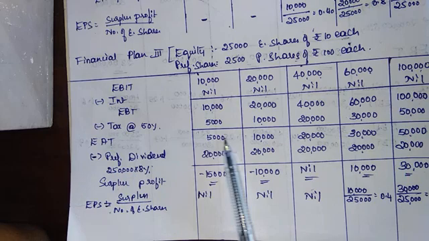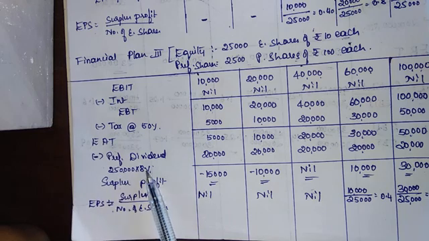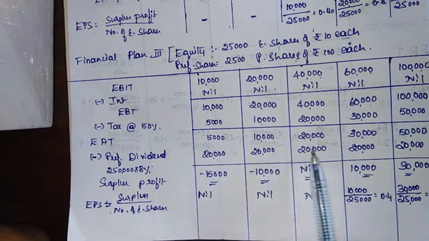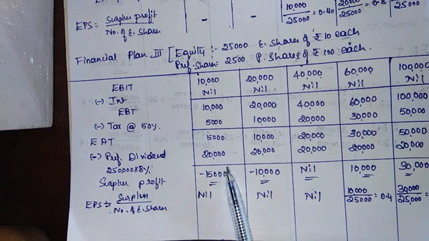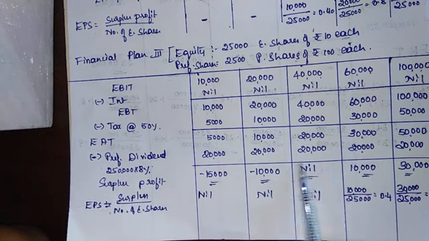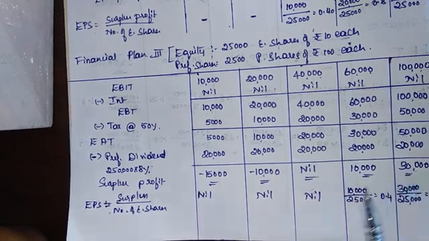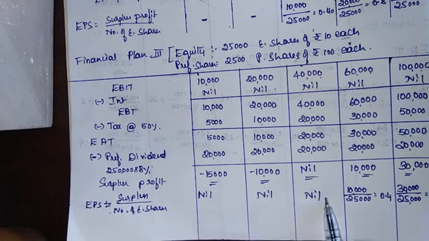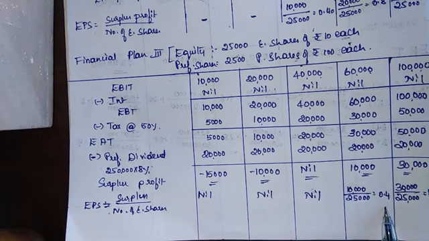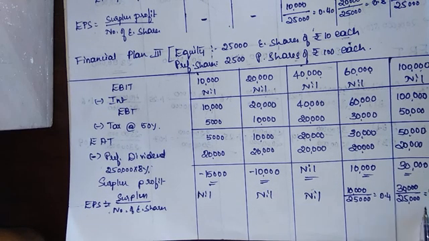Earning after tax is 5,000, 10,000, 20,000, 30,000 and 50,000. Less preference dividend, 2,50,000 into 8%, so it is 20,000 each. So for surplus profit, the first two are losses, the third is no profit no loss, the fourth is 10,000, and the fifth 30,000. So EPS for the fourth EBIT is 0.4 rupees, and for the fifth EBIT 1.20 rupees.